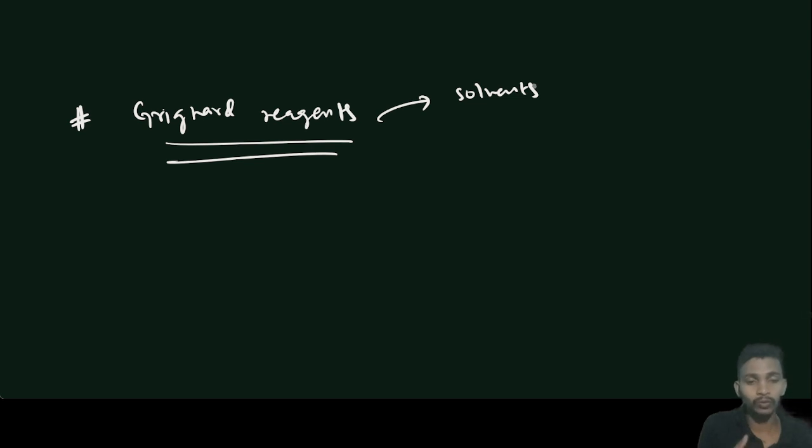Anhydrous means without water. Okay, the solvent should not be a polar solvent. Okay, and you are using that solvent at conditions where water should not be there, meaning this Grignard reagent is very sensitive to moisture.